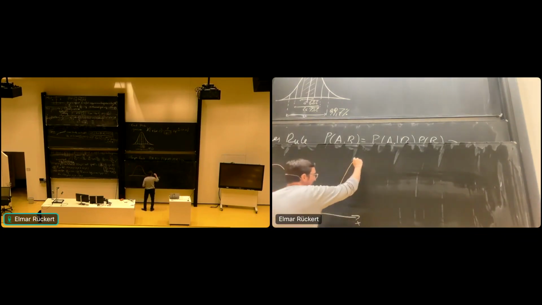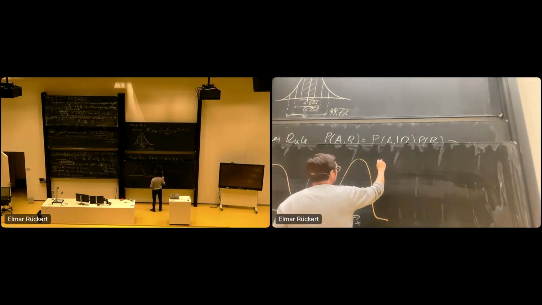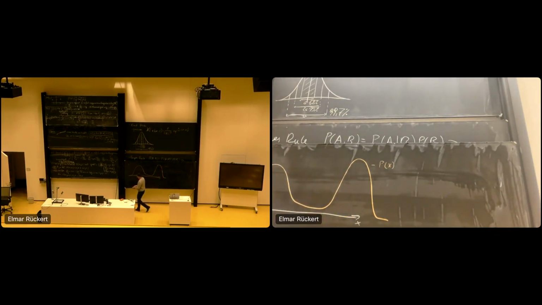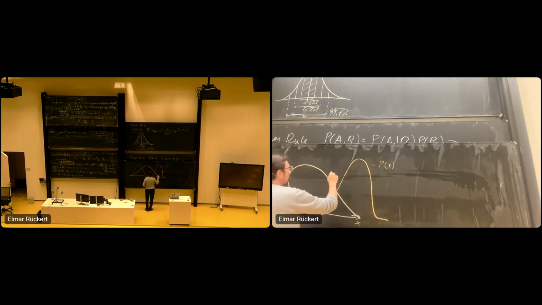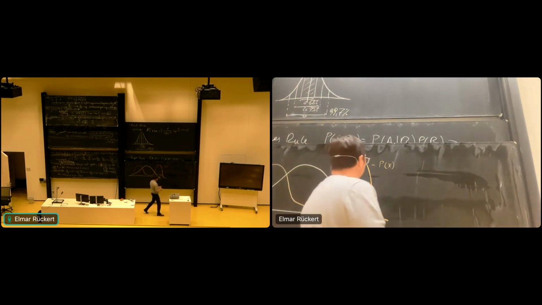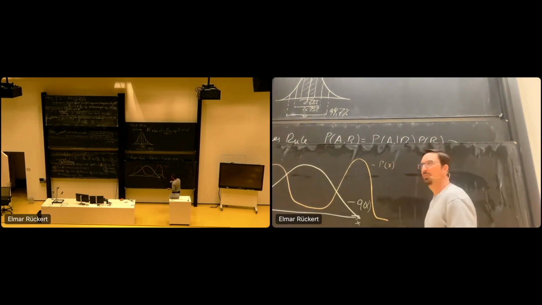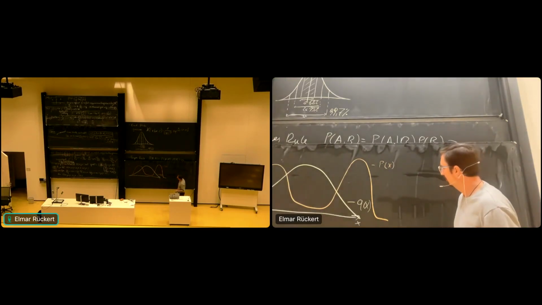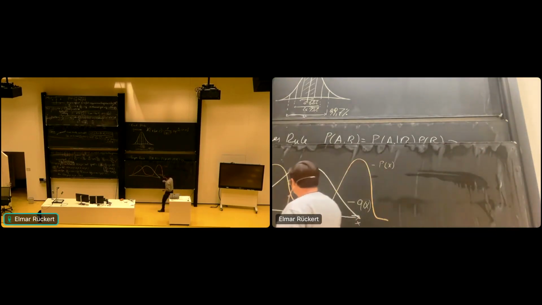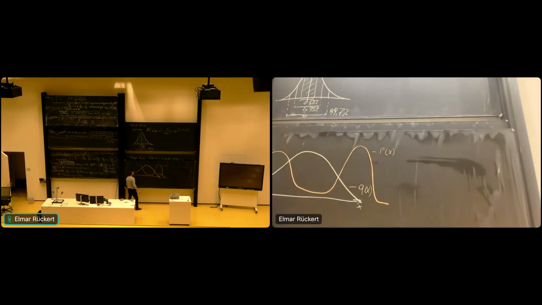Typical example: P of x and Q of x. And you would like to compute the distance between the two, P of x and Q of x. And for that, we introduce the KL divergence.